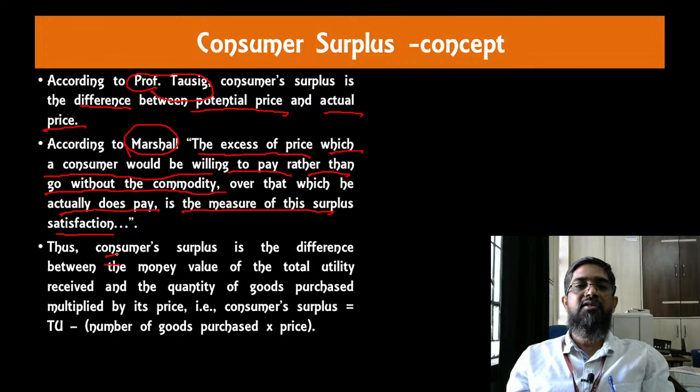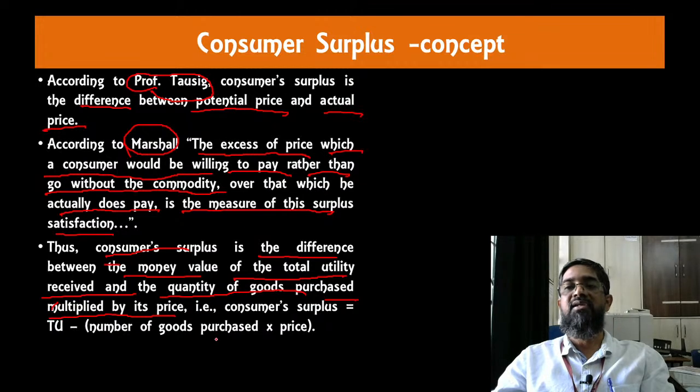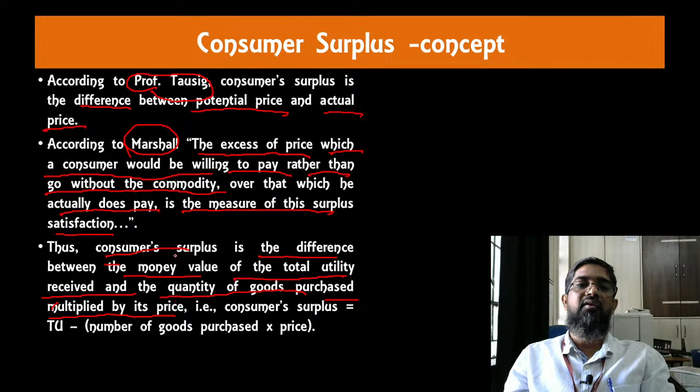Consumer surplus is the difference between the money value of total utility received and the quantity of goods purchased multiplied by its price. That is how you can measure and quantify it. Quantification of consumer surplus is possible.